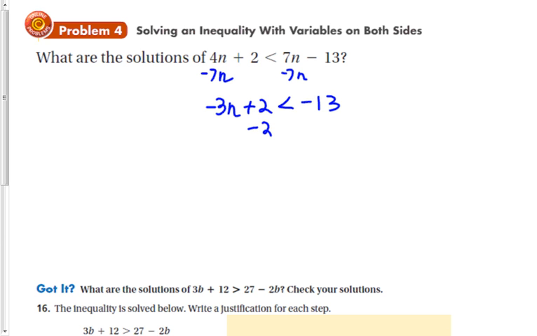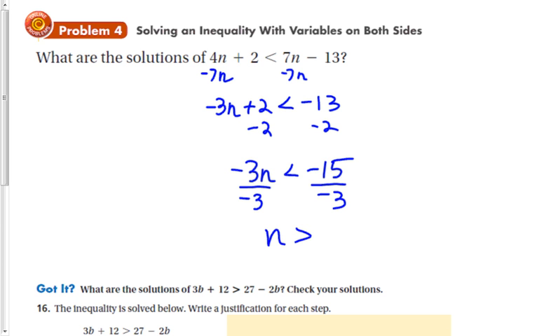Now let's subtract 2 from both sides, and then we get negative 3n is less than negative 15. Then we divide by negative 3. Now, remember when you divide by a negative, the sign will reverse, so we're going to put greater than now. 5. So any number greater than 5 should be a solution.